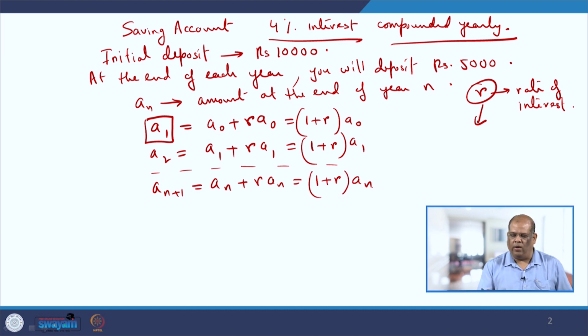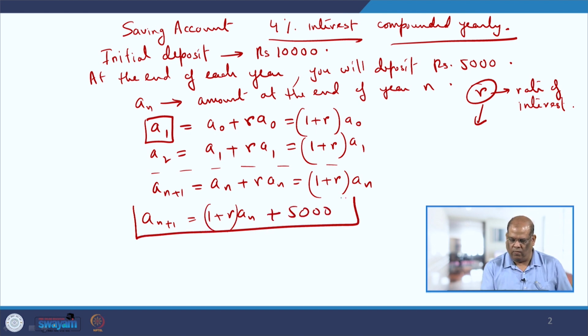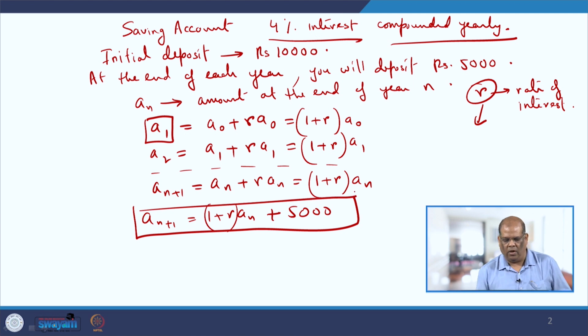But now you said that every year I will be adding 5,000 rupees, which is a constant thing. So, if I want to model that, A_(n+1) = (1 + R) A_n + 5,000 for every year. If I put n equal to 0, I will get A1 from A0, which is this, but then plus 5,000.